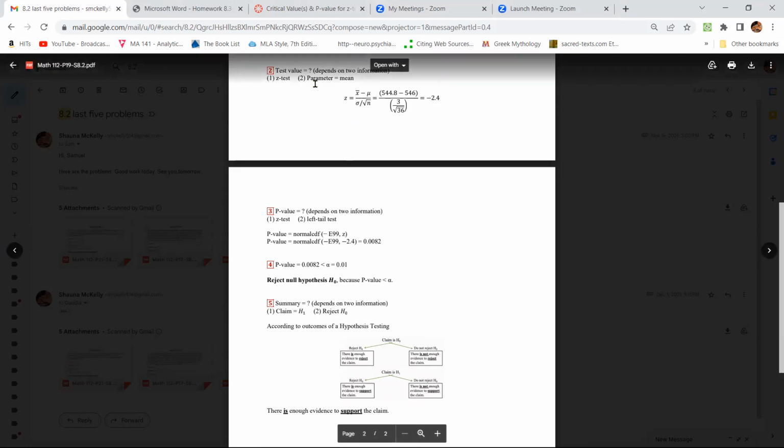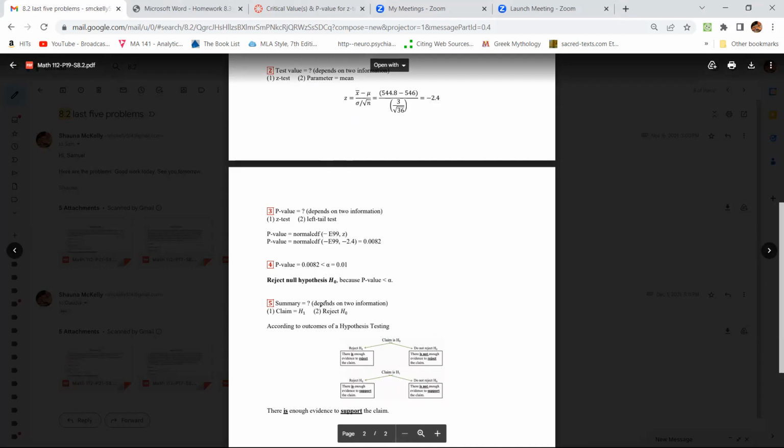Yes, you reject it, because the p-value is lower than the alpha. Exactly. P-value is lower than alpha, which is what she writes. Reject the null hypothesis, and then you write because p-value less than alpha, or underneath like we did. Good job.